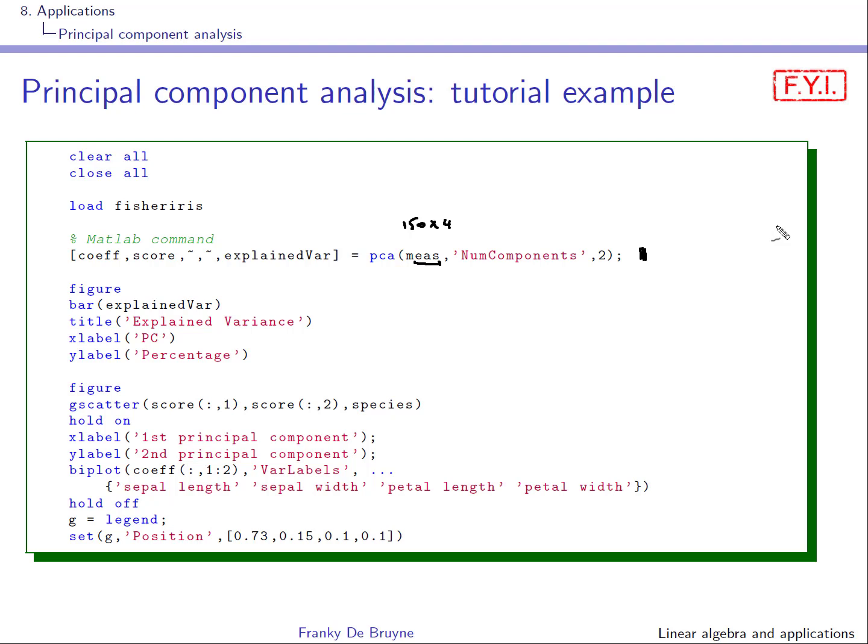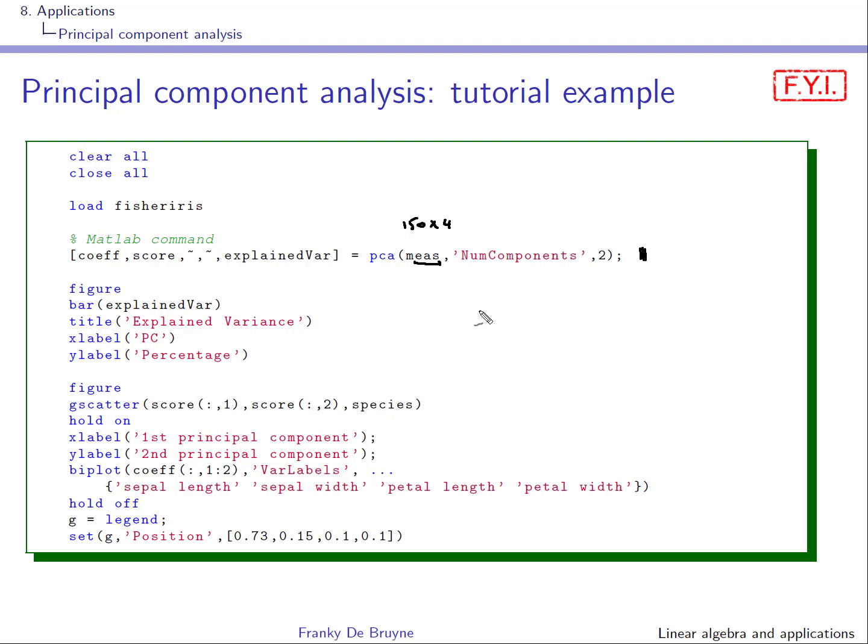Remember that we consider these points in a 4-dimensional space, and then we find the basis that best represents the data, in the sense that the first axis represents most of the variation, then the variation that is left is best represented in the second axis, and so on.